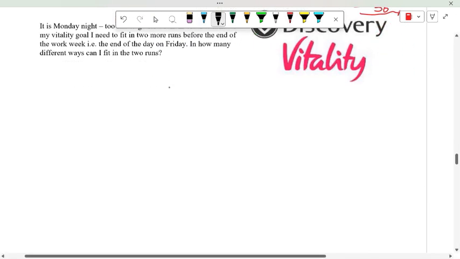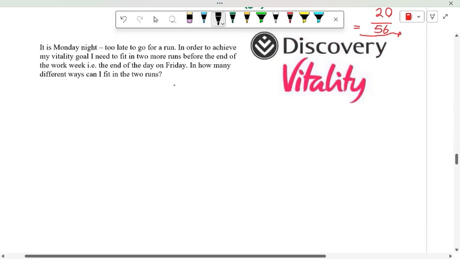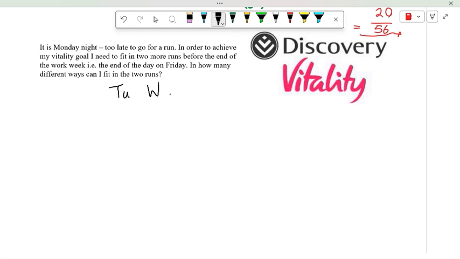Right, now, so this next one is about vitality goals, and yeah, one needs a bit of information on this. But basically, you're not allowed to do more than 1 run in a day. And I now need to do 2 more runs. And I've got 4 days on which I can do those 2 runs. So I've got Tuesday, Wednesday, Thursday, and Friday. All right, and I need to fit 2 more runs in.